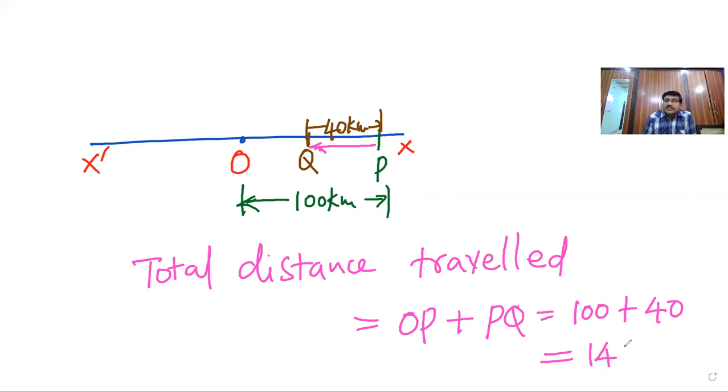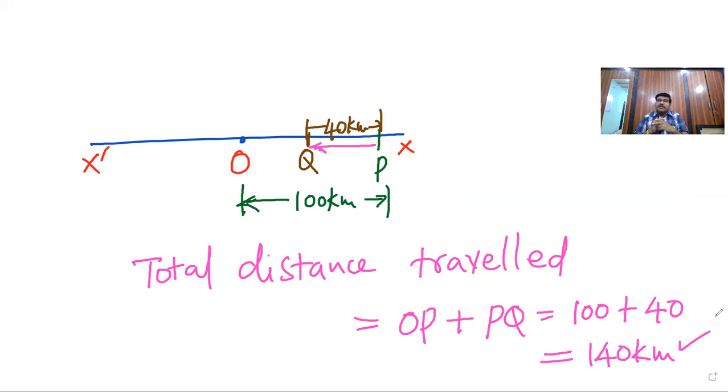The total distance is 140 kilometers. Clear? O to P, again P to Q. What total distance has it traveled? 100 plus 40, 140 kilometers. Observe carefully.